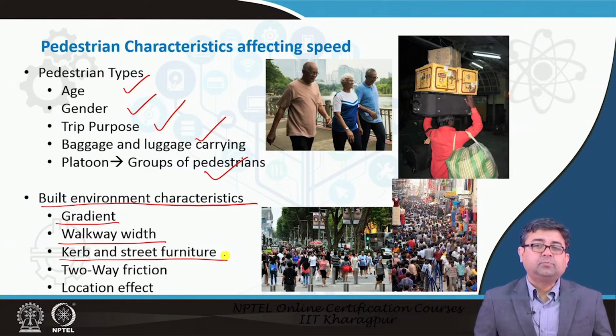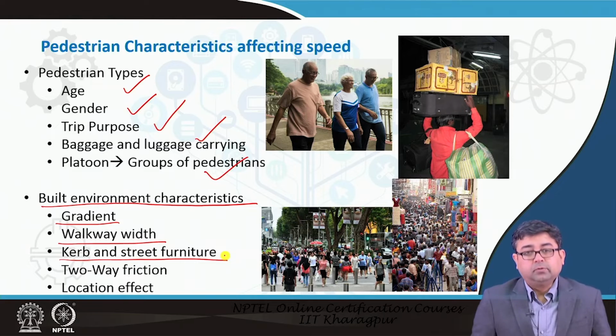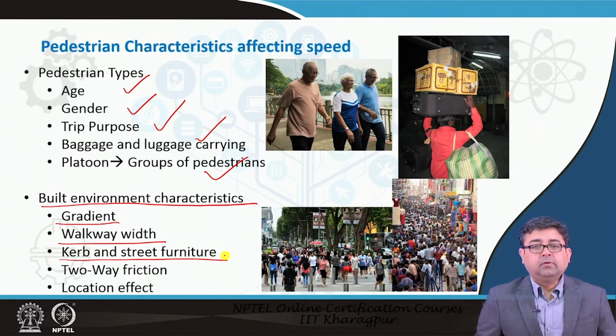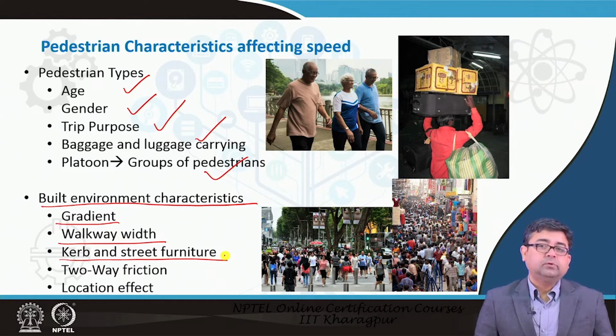again reduces the speed. So, this factor not only reduces the speed, but it also causes a minor inconvenience to the pedestrians who might want to walk the shortest distance between the 2 points and not go on a winding path. Well, again it depends on the purpose. If you are leisurely walking, then you would enjoy walking on winding paths, but if you have some urgent purpose, you would prefer to walk fast.